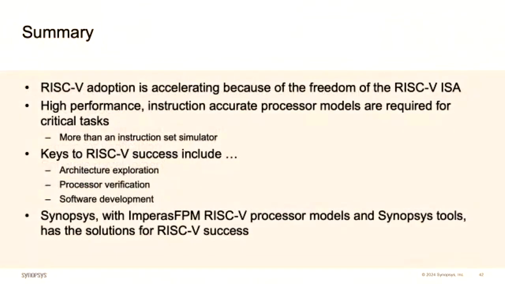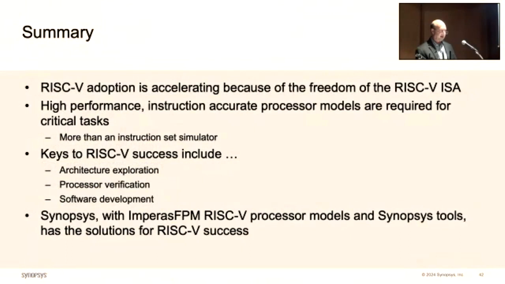So let's summarize here. Starting with RISC-V, RISC-V adoption is accelerating because of the freedom of the RISC-V instruction set architecture. The high-performance instruction-accurate models are required for critical tasks. This is more than just an instruction set simulator. It really is a full-featured model.